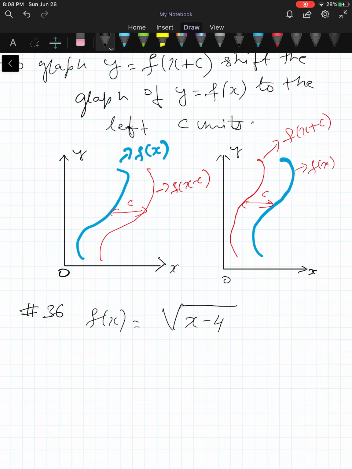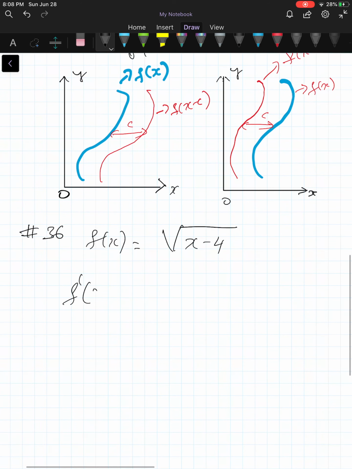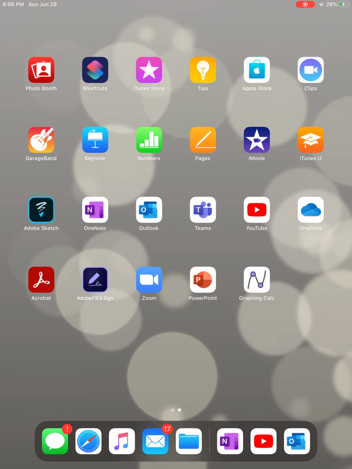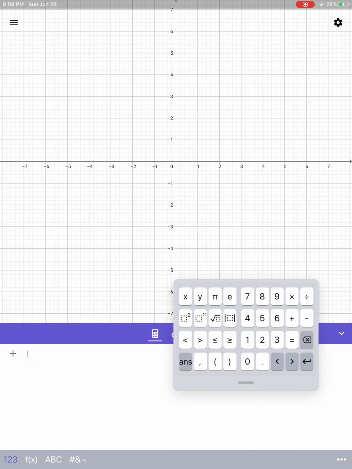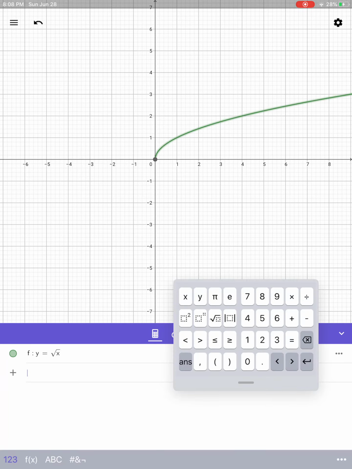The same instruction follows even here, that is, sketch the graph of the function not by plotting points but by starting with the graph of a standard function and applying transformations. So the standard function that I will consider is f of x to be square root of x. If I use a graphing calculator, that would be y is equal to square root of x. So the green color graph is the original graph.